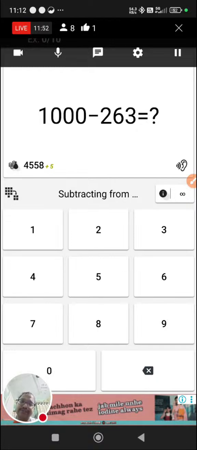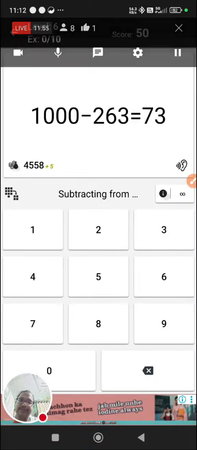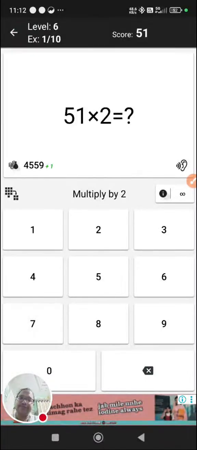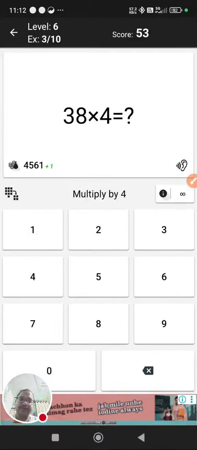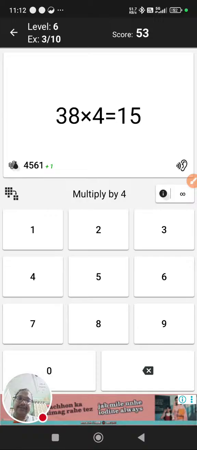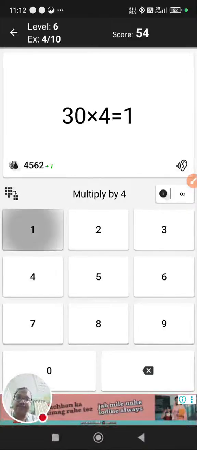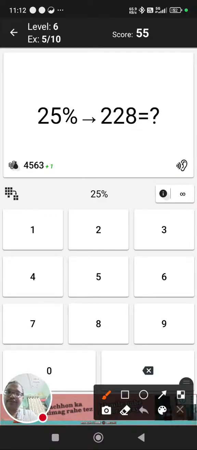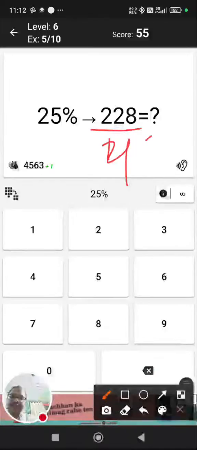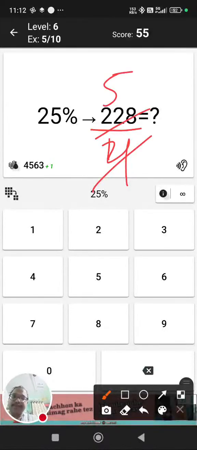Here we see 737, 51 2 times, which will be 102. 6 1 times 6, 38 2 times, which will be 76. 76 2 times will be 152. 25% means 1/4 of 228. 1/4 of 228. 4 5 times 20 and 28 means 7 times.